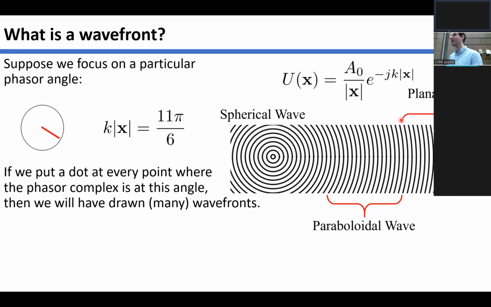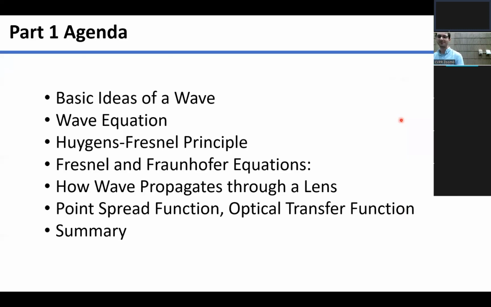I'll end up drawing all of these lines, and that will give me these wavefronts. In between the wavefronts, if I draw a perpendicular line from one to the next, that will be the wavelength. And this K multiplied by the magnitude of X, the K is going to be my wave number. This is a way of converting meters into radians for the sake of the wave.